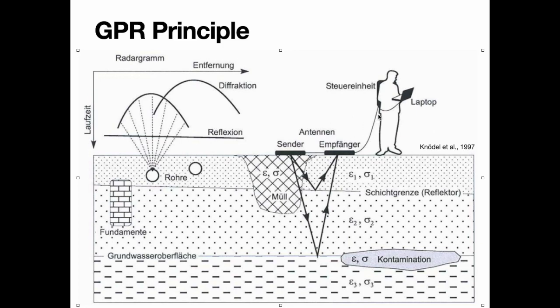Someone is up there, holding a georadar with an emitter and a receiver and a laptop. And thanks to this variation of properties in the ground, there will be some reflections, and it will be possible to analyze the structure of the subsurface.